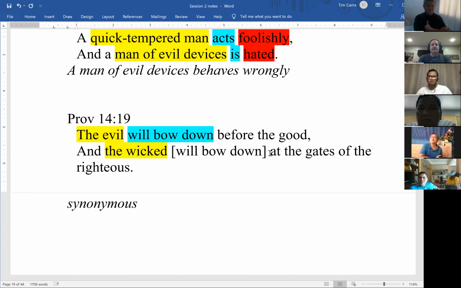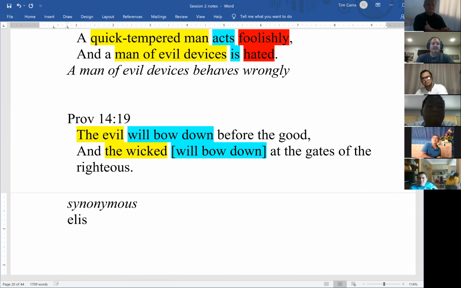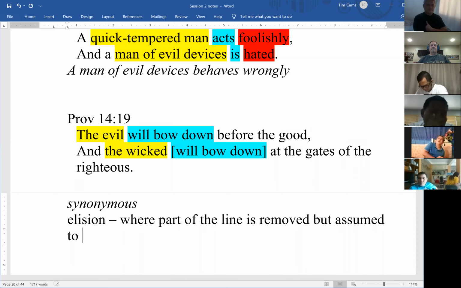We're going to discuss this a lot more next week, but this is called elision. It's a poetic device where part of the line is removed but assumed to be there. We see this a lot in poetry just for style.